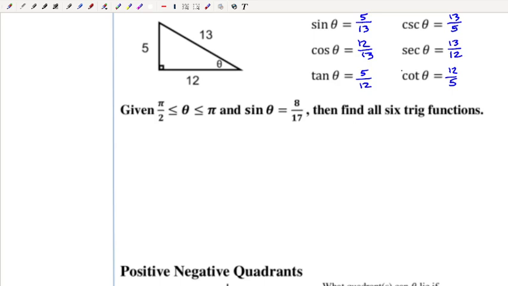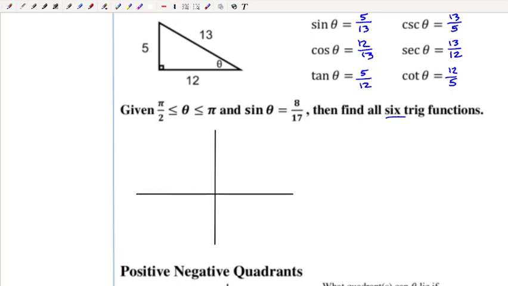Okay, so here's another way that you can see a similar type of question. Given that we're between pi over 2 and pi, we are told that the sine of our angle is 8 over 17, and we want to find all 6 trig functions. Again, we're going to have to draw ourselves a little picture to figure out what we're talking about.